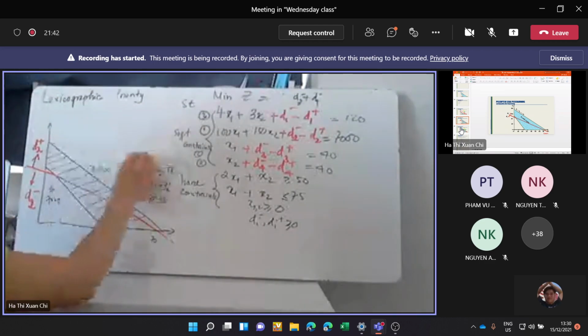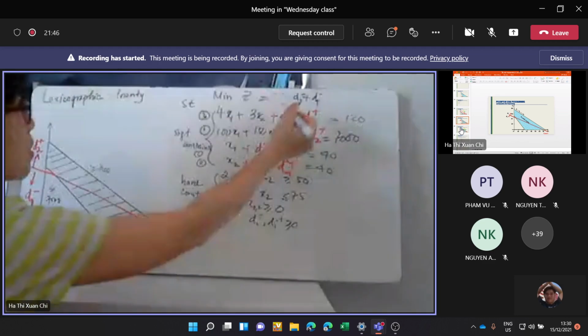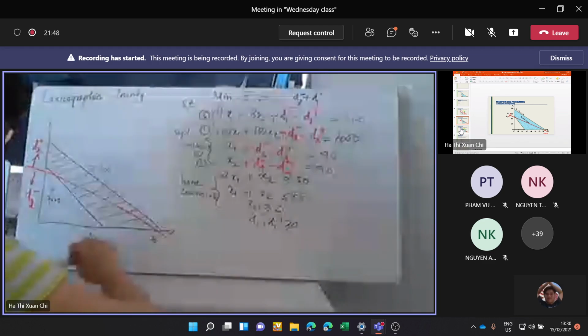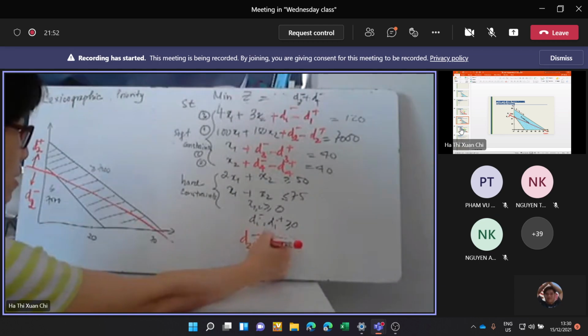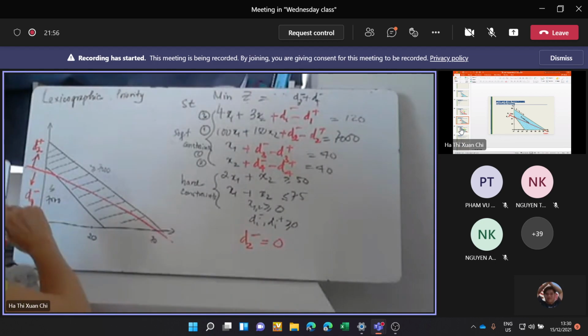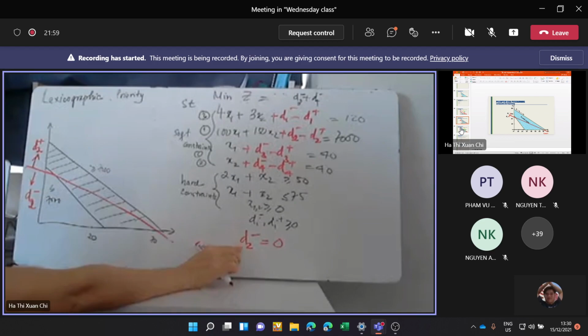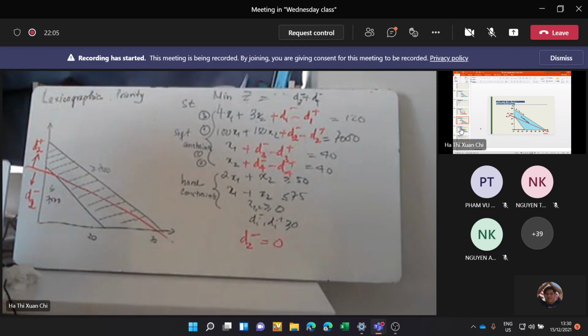We have the second model. But don't forget, everyone, add D2 minus here, because we don't want to violate the first priority when we consider the second one. Okay? That is the constraint.